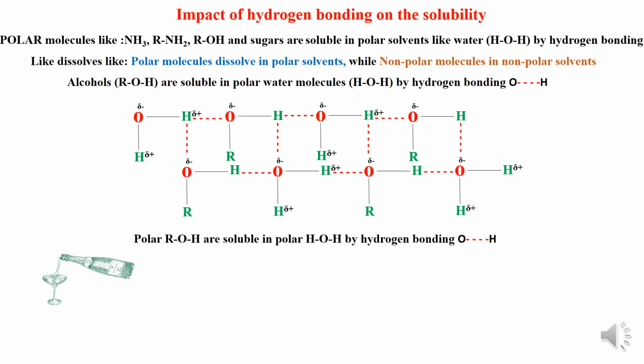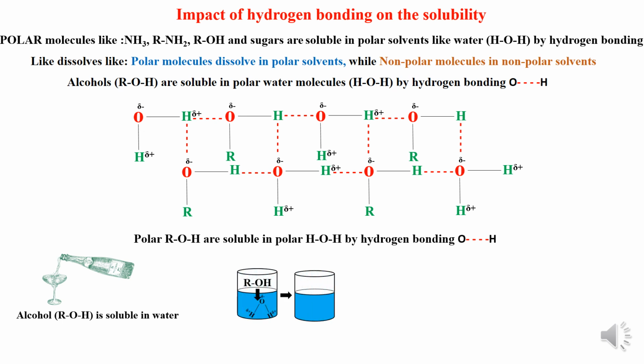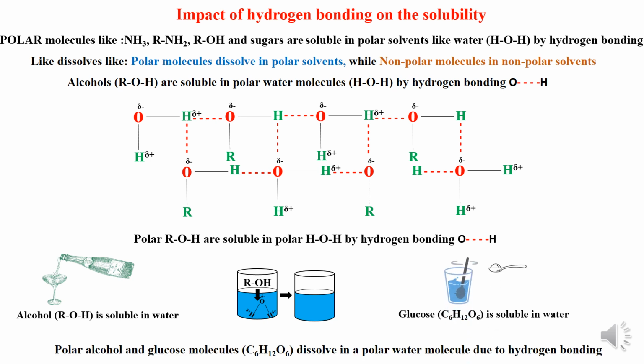So when you pour alcohol into water, you'll get a clear solution. Alcohol freely dissolves in water because of hydrogen bonding. And even a solid substance like glucose, which is polar in nature, is also soluble in water. So polar alcohol and glucose molecules dissolve in polar water molecule due to hydrogen bonding.